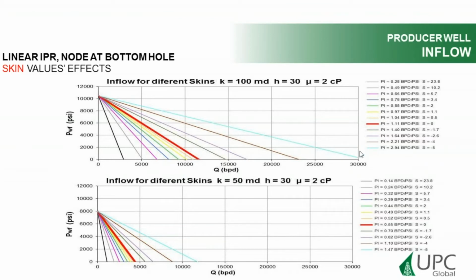But the relationship, the ratios, remain the same. So that is the reason for having a dimensionless skin value. We know that the consequences are going to be very severe when you have a high positive skin, and very good when you have a -4, -5 skin value.